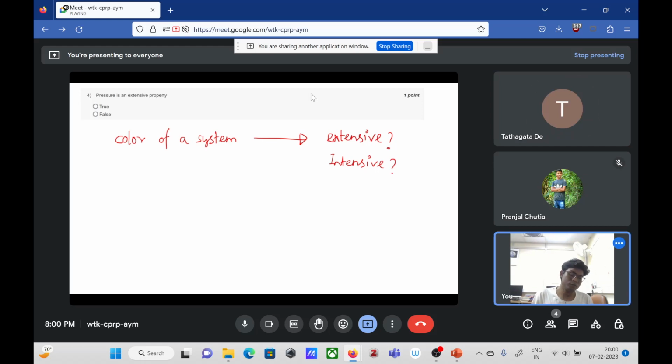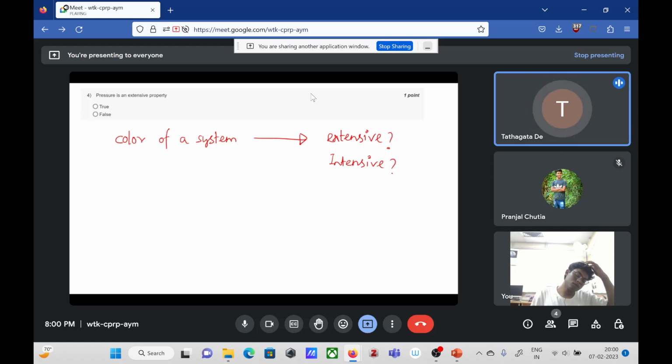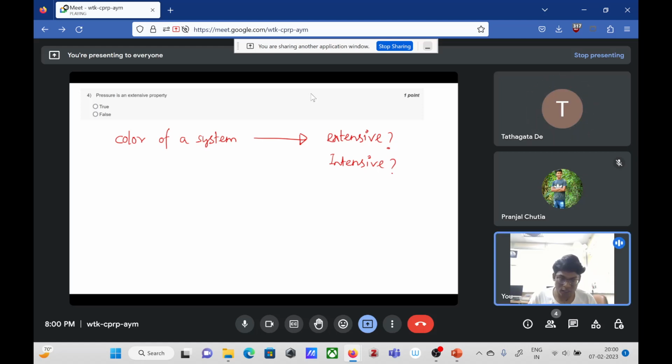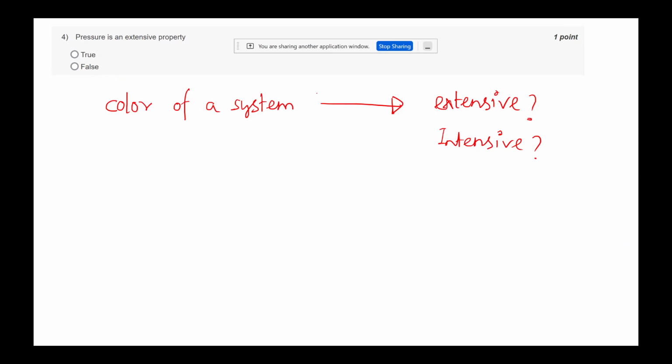Why is it so? Yeah, yeah, you are correct. Pranjal, you are probably somehow mixing these two, some path dependent function or state dependent function, state function, path function. So this is sort of different actually. This is a property actually, not a function.